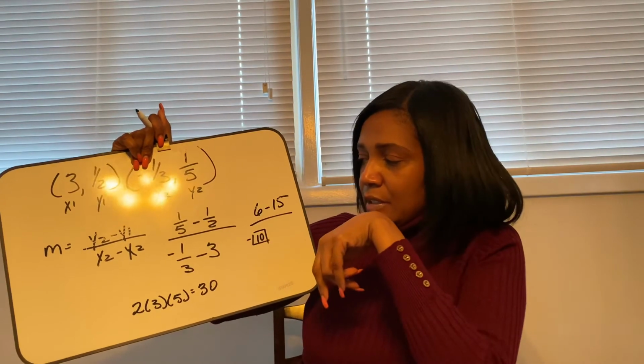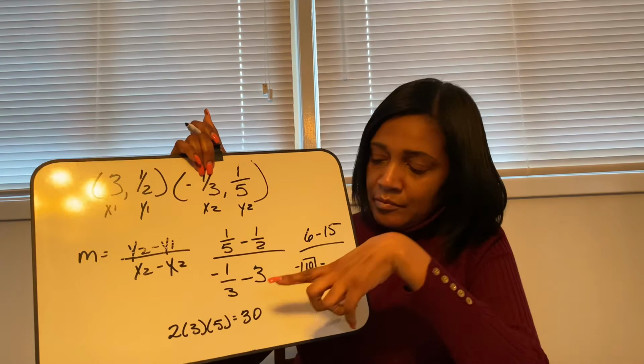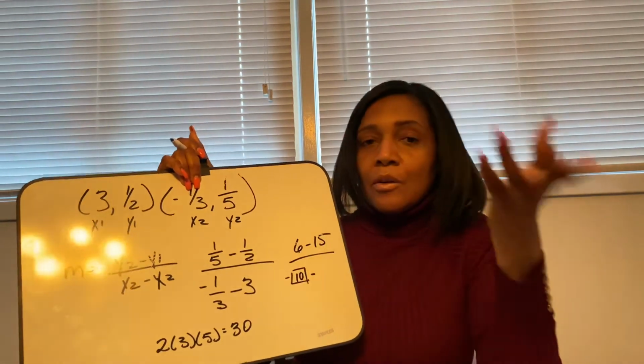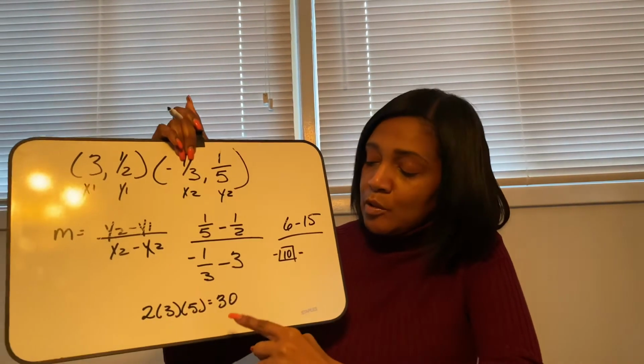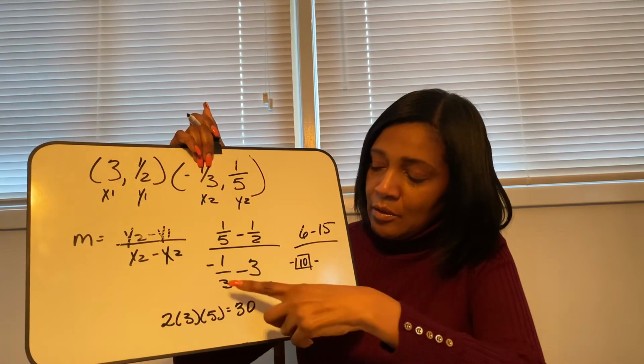So we have -10, and then we're almost done. We do not have a denominator here. So basically all you do is multiply your 30 times your 3, your whole number, and that is going to give you 90.